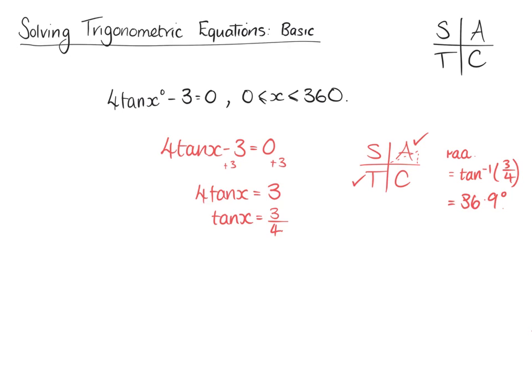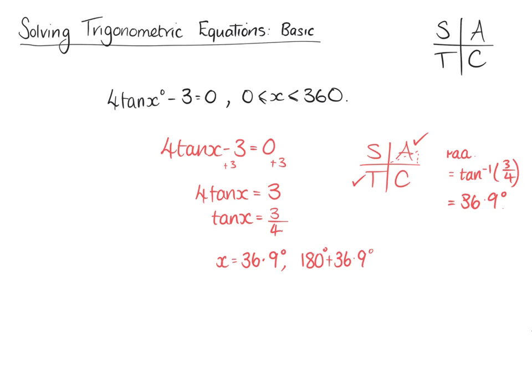Right, so the thing to remember is from this point on we've got to remember how we calculate that angle in each quadrant. So x equals, the first quadrant is just your relative acute angle. Okay, but your third quadrant is going to be 180 plus your relative acute angle.